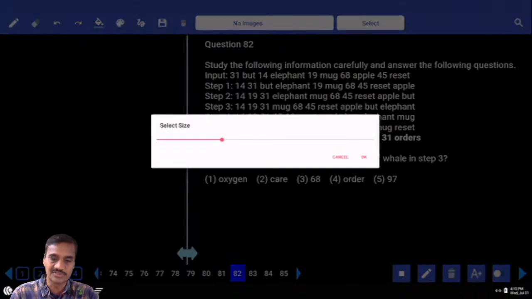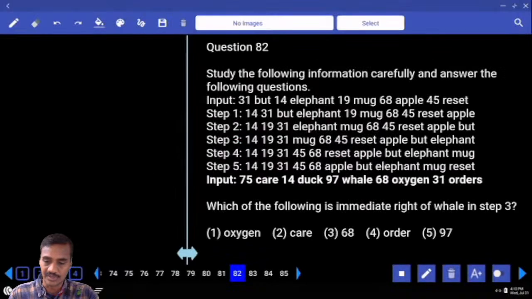Then coming back to this, first let us analyze the logic behind this one. Now in this, what is the first information we have? 14, 19, 31, 45 and 68. First we have taken 14. Next one 19 at the second place, 31 at the third place, 45. In each of these steps, the number arranged at the left hand side is in increasing order, isn't it? First step 14, next one 19, next one 31.